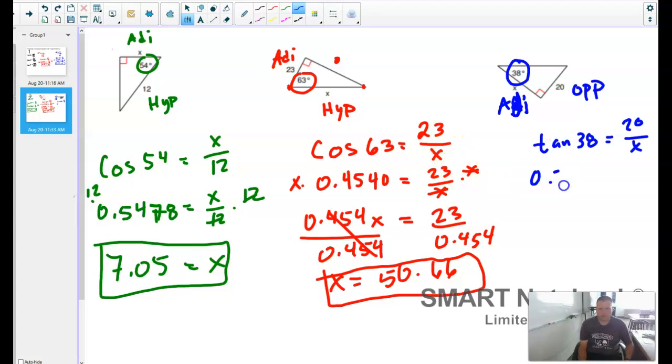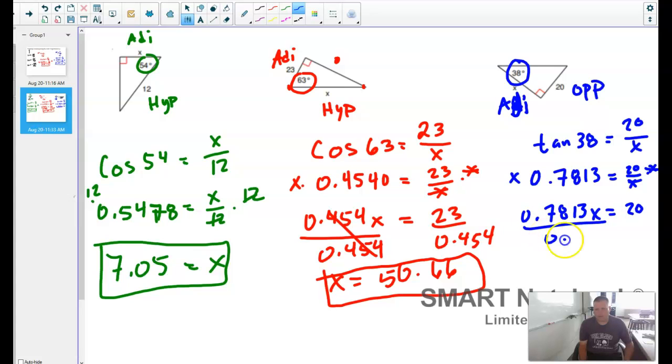That gives me 0.7813. And times by x, boom, boom, those cancel out, times by x here. So I've got 0.7813x equals 20.